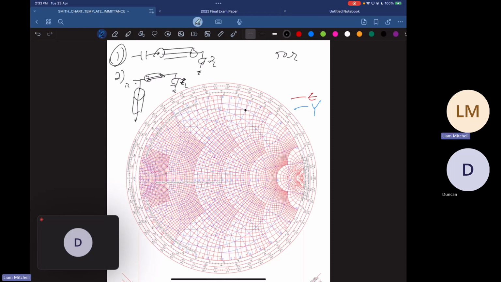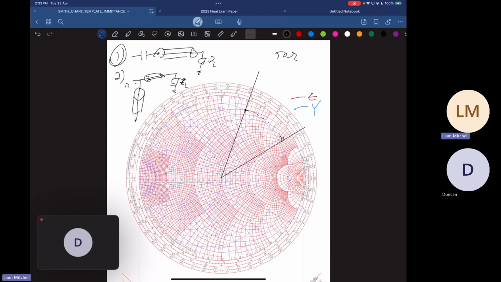So you want to bring this to the unit circle of impedance. You are going to rotate. Okay, this is your line. How long is this? I'm just going to eyeball it roughly.